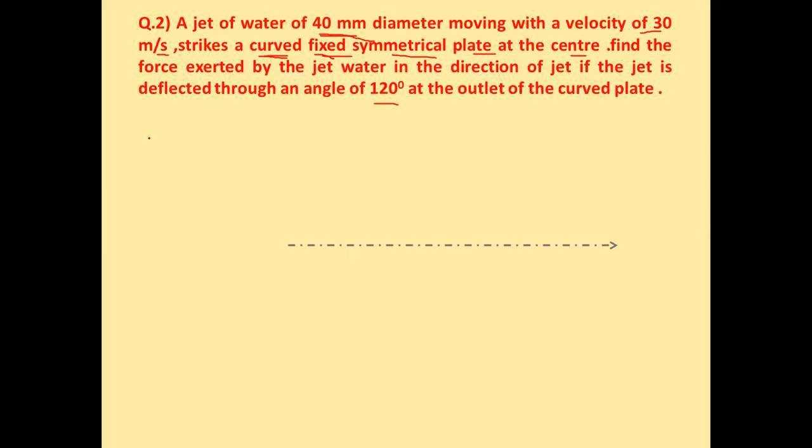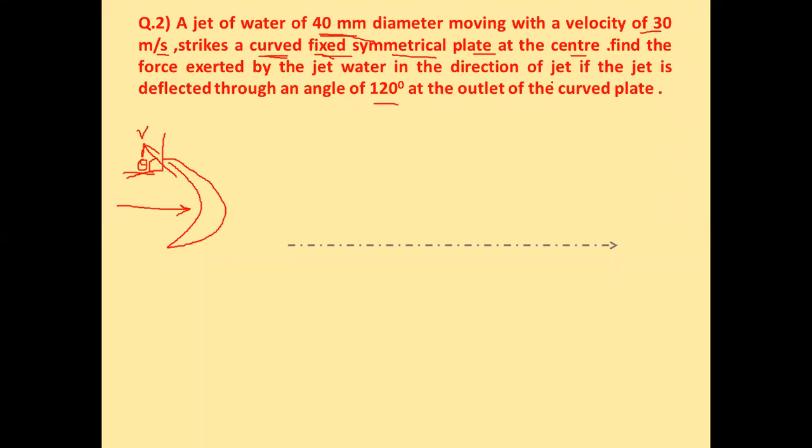So now, when the jet strikes the plate at the center, what is theta? This is the jet of velocity v which is traveling at the exit of the plate, and we have taken this angle as theta. Theta is the angle between the horizontal and the deflected jet. But here it is not 120 degree.